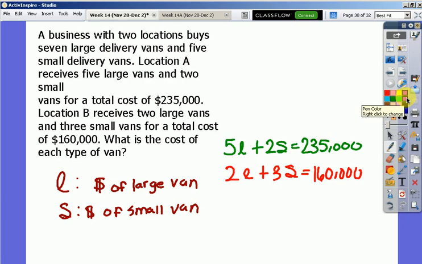So what I'm going to do is multiply the top equation by negative 3 on both sides. And then I'm going to multiply the bottom equation by 2 on both sides.